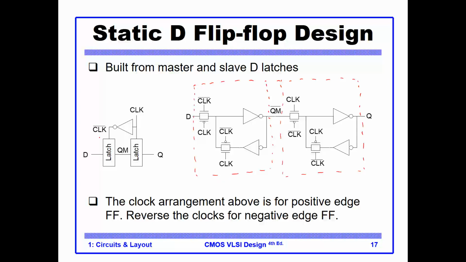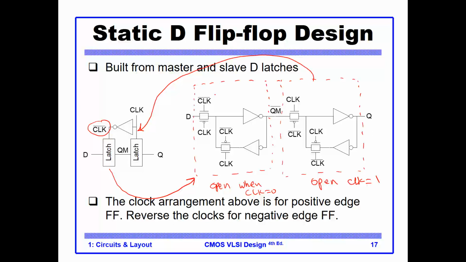The first latch here is activated by clock, or it is open when clock equals 0, and the second latch here is open when clock equals 1. The rest of the latch, by the way, is the same as we have discussed.